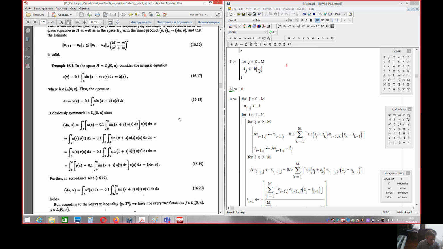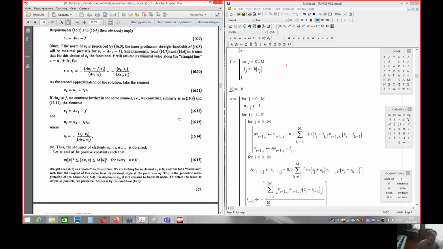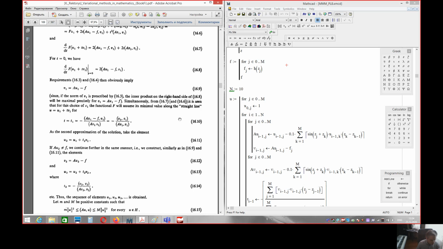So according to our algorithm, I start with subscript 0. Here is from 1. That's the difference.